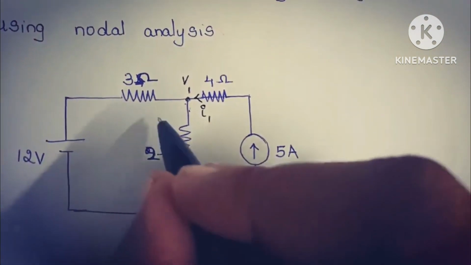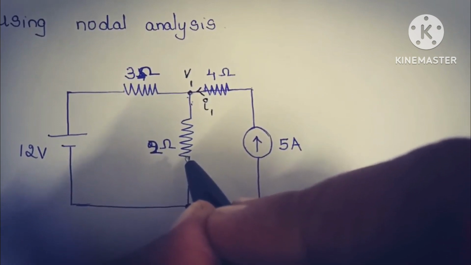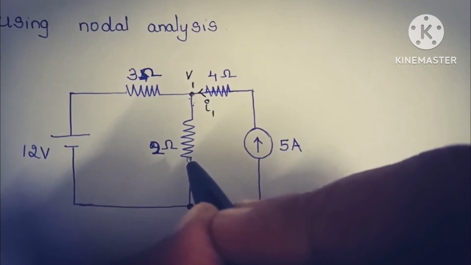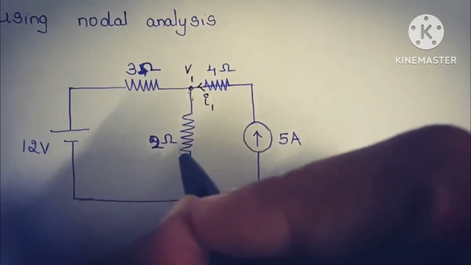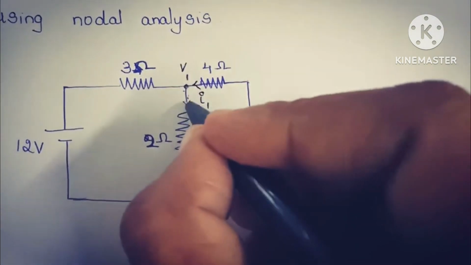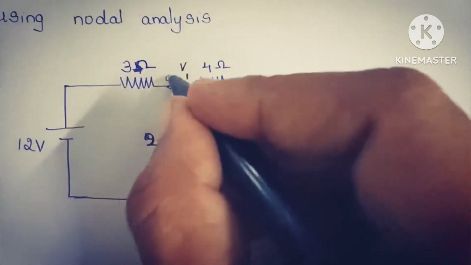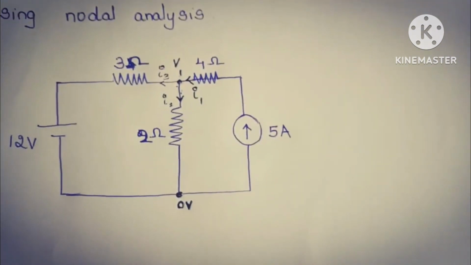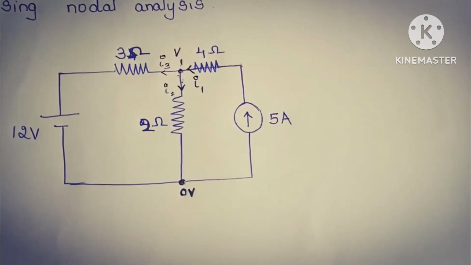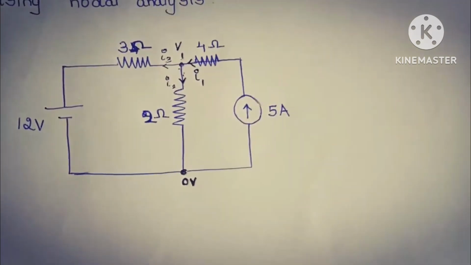And in the branches where current sources are not present, we have to assign the direction towards the reference node. Therefore, here it will be outwards from the main node, I2 and I3. So once the directions of currents are given, next we need to apply KCL.